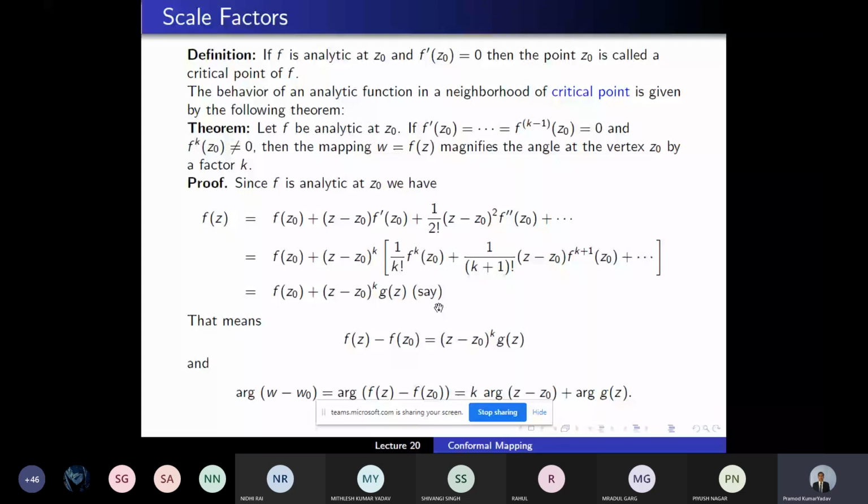Now the argument of w minus w naught, where w means f z and w naught means f z naught, that is the argument of f z minus f z naught, is equal to, when we take the argument of the right side, k times the argument of z minus z naught plus the argument of g z.